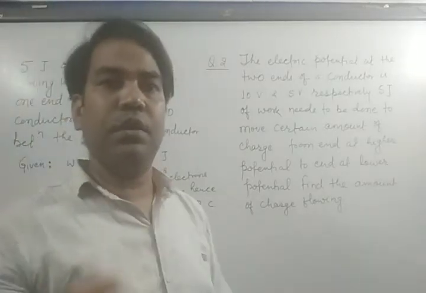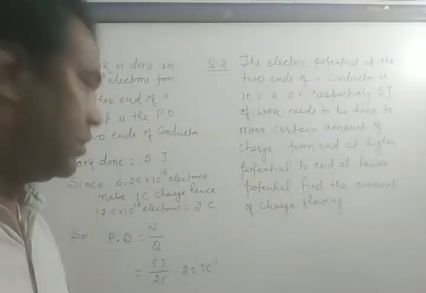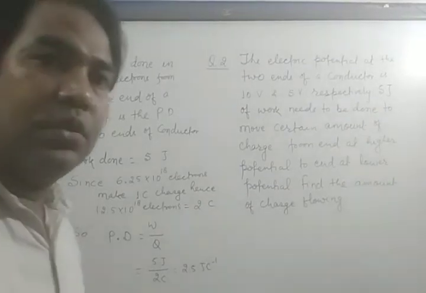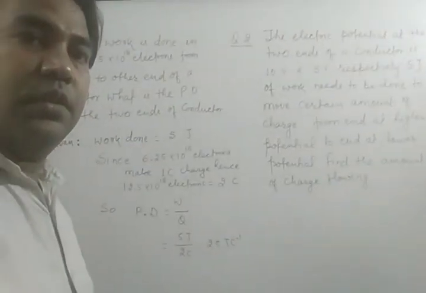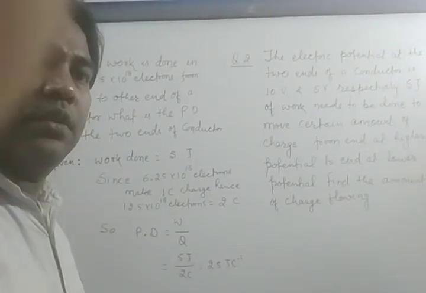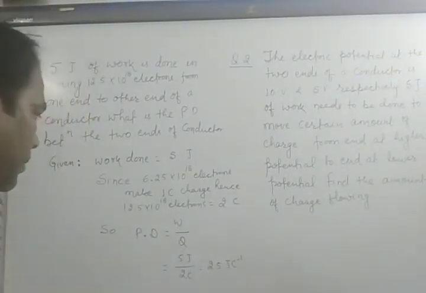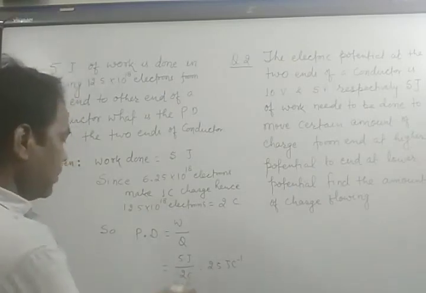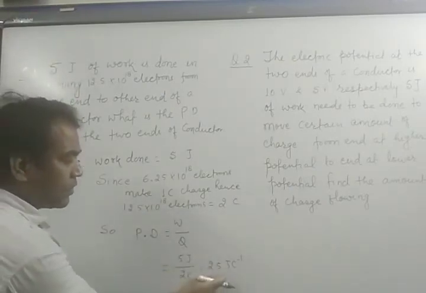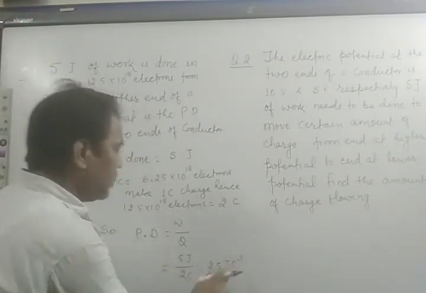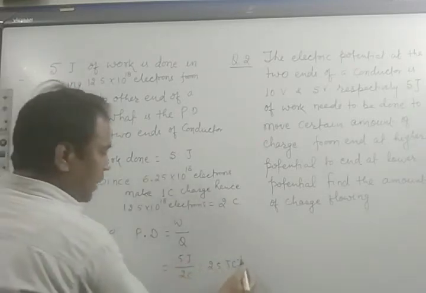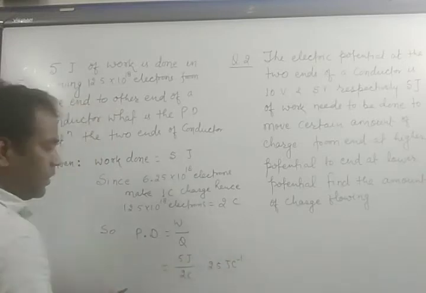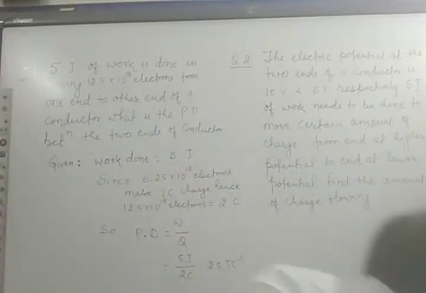Is it visible? No, wait. Okay. Here it is written: 5 joule by 2 coulomb is equal to 2.5 joule per coulomb. Clear? Let me write it above.